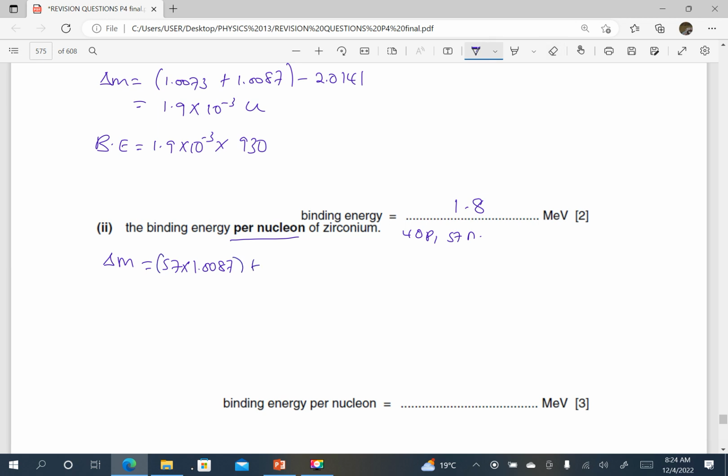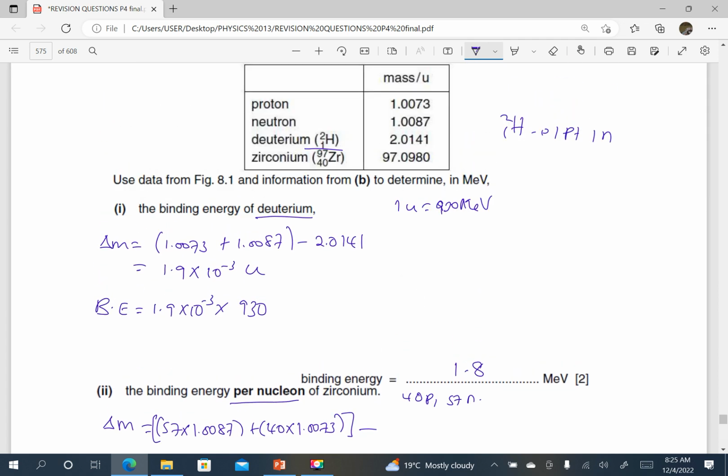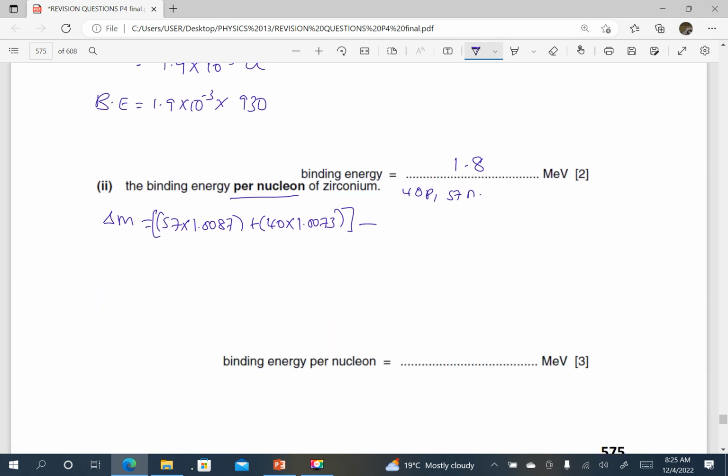then plus 40 protons, that is 40 times the mass of one proton, 1.0073, then minus the mass of a stable nucleus. And the mass of the stable nucleus is 97.0980. So that is minus 97.0980.